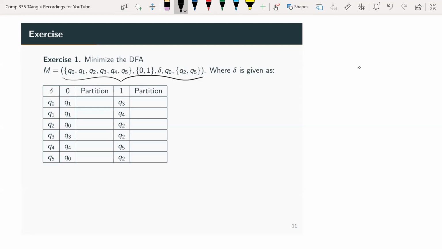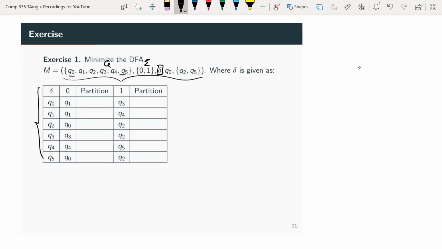Well, I find it easier to use this kind of table, because I think it's easier to keep track of the partitions. So our DFA here we know has 6 states. It has states Q0 to Q5. The input alphabet is, so this is sigma, this is Q, the input alphabet is 0, 1. The transition function delta is presented here.